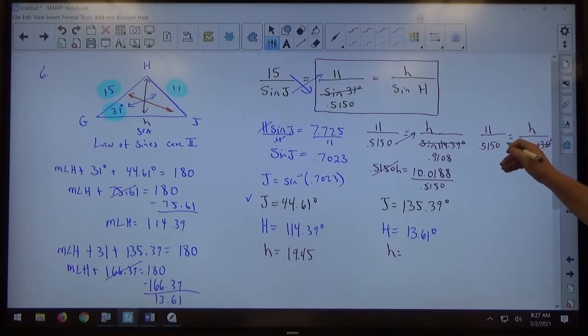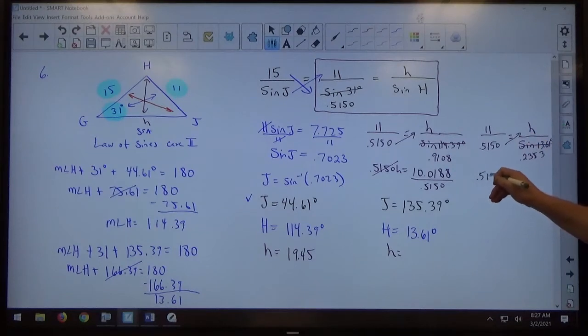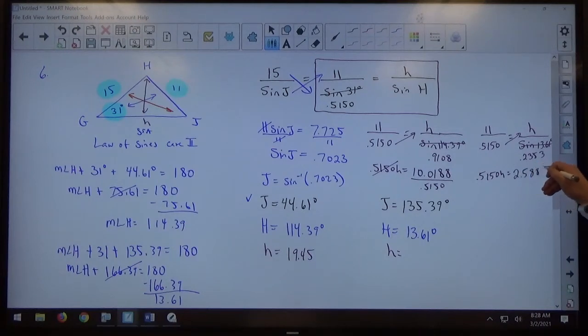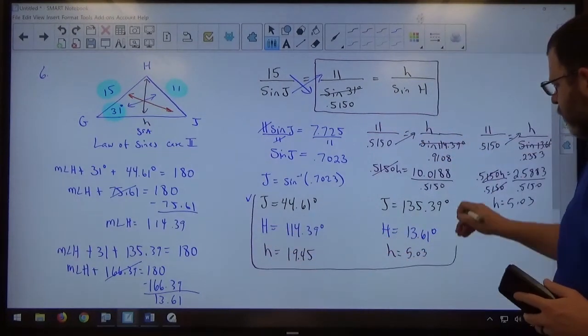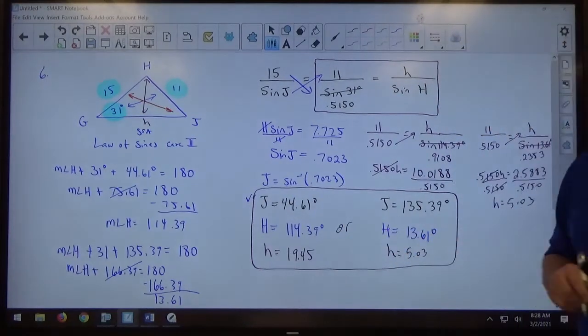So cross multiply: 0.5150h equals 11 times 0.2353, 2.5883. Divide both sides by 0.5150. 2.5883 divided by 0.5150 is 5.03. So both sets of answers are possible.